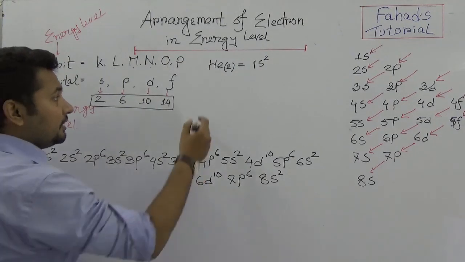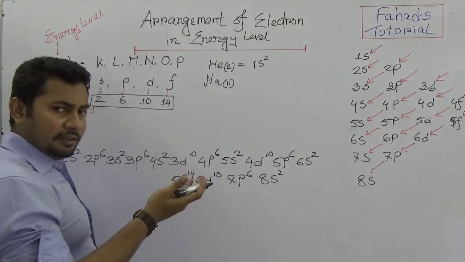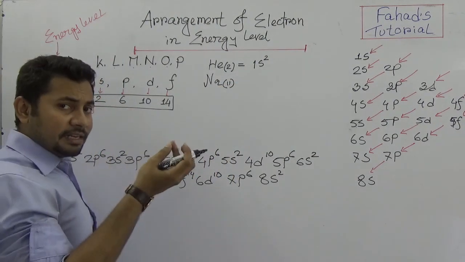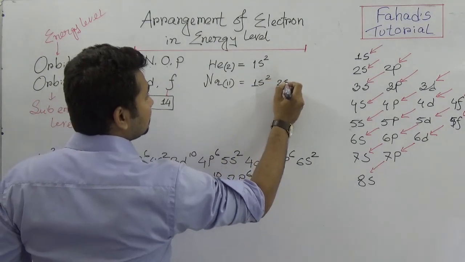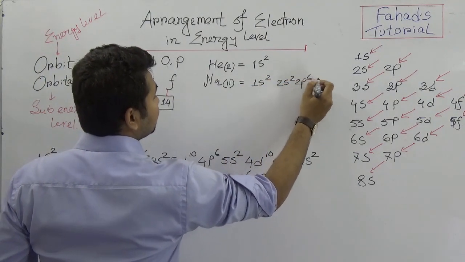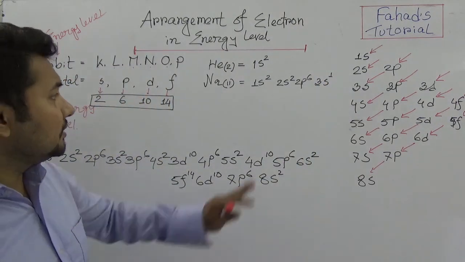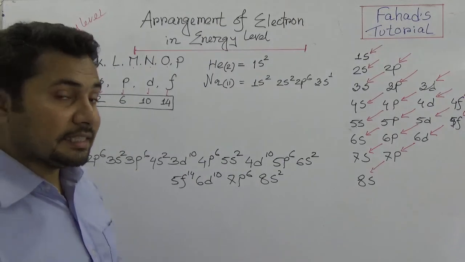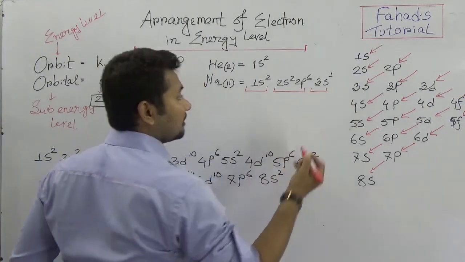But if we go for sodium 11, there will be 11 electrons. So we say 1s2, 2s2, 2p6, 3s1. According to this arrangement, we can see that sodium has 3 shells.